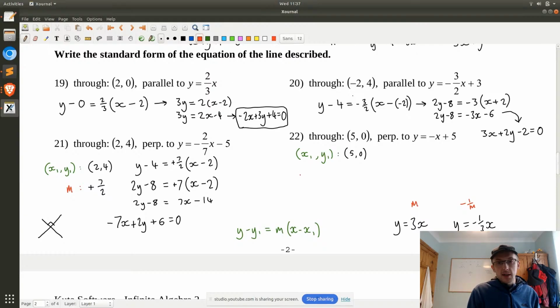Let me make that clear. I'm going to get it right this time. So that is just 1. So what line passes through (5, 0) with a perfect gradient of 1?